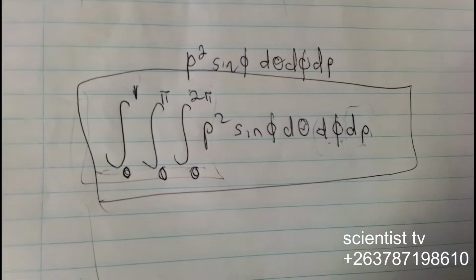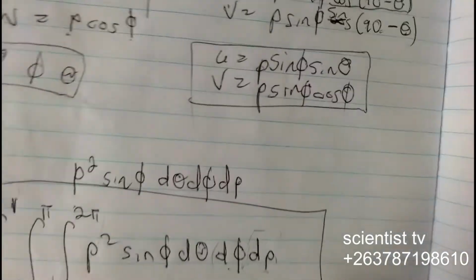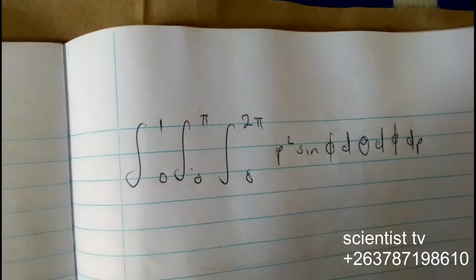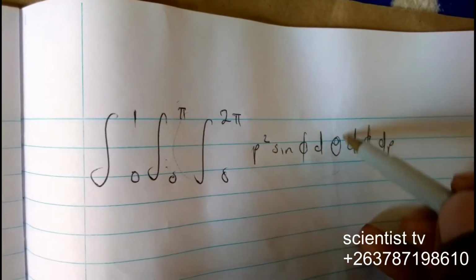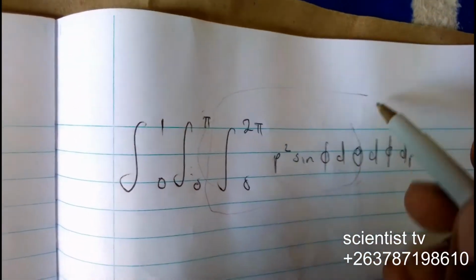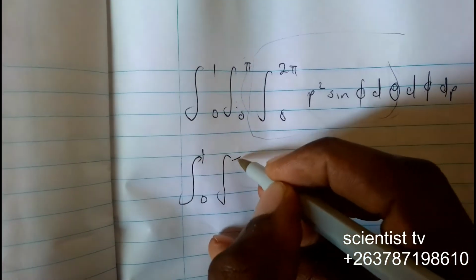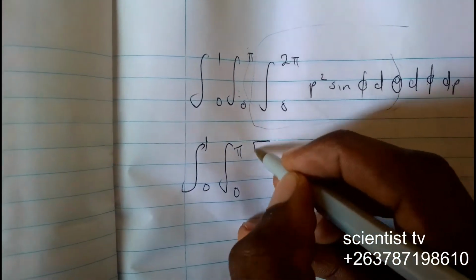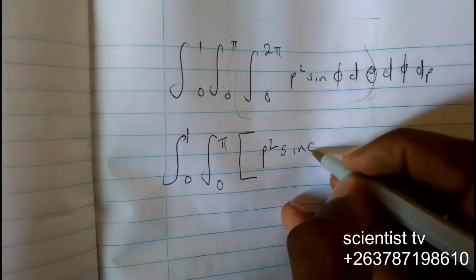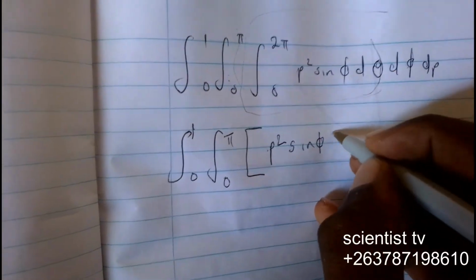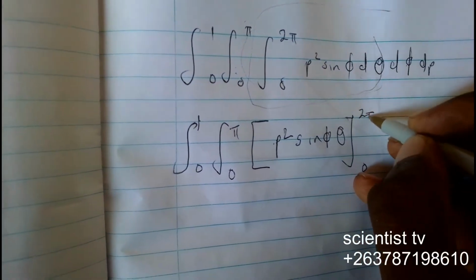Now we're simply integrating. What we are going to do is integrate the first term in terms of theta only, like this. So this becomes the integral from 0 to 1 of the integral from 0 to pi of rho squared sine phi d theta, with limits 0 to 2 pi.